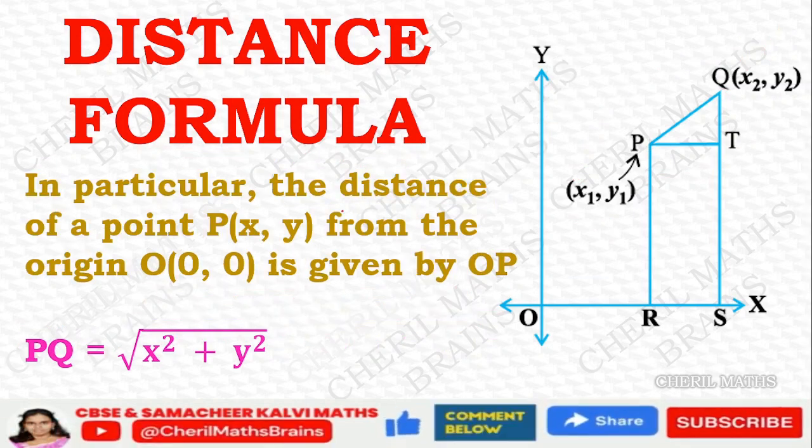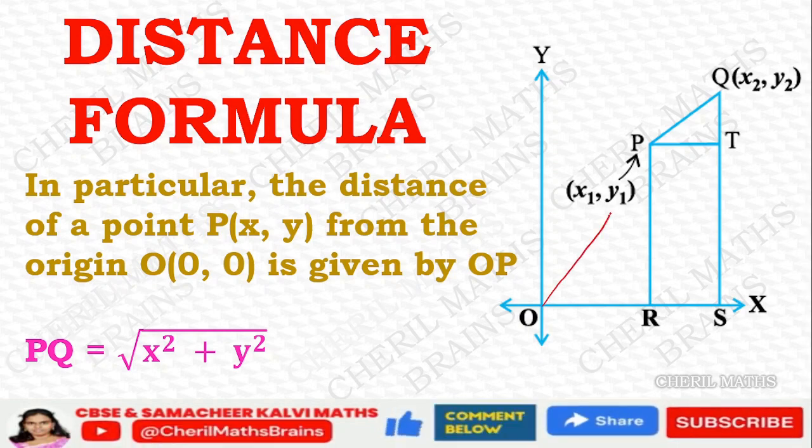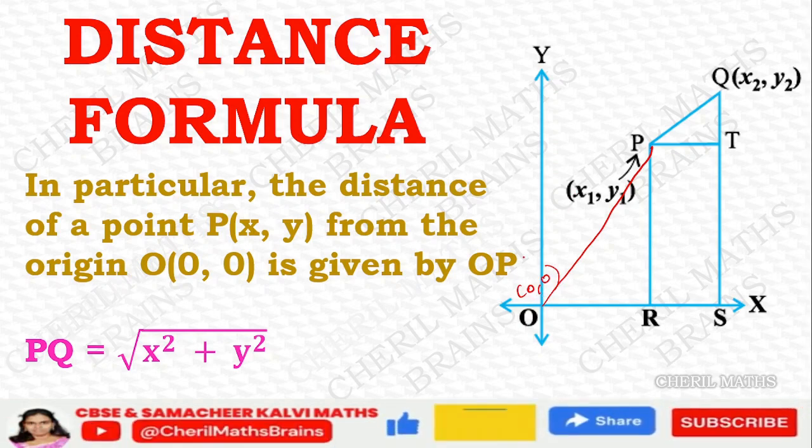Okay. Now, what if one point is going to be 0, 0? For example, if I want to calculate from O till P. What is O? O is 0, 0. So what will it be? x1 minus 0 the whole square plus y1 minus 0 the whole square. So minus 0, what will it become?